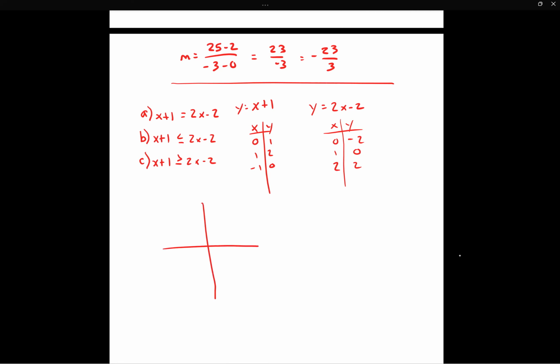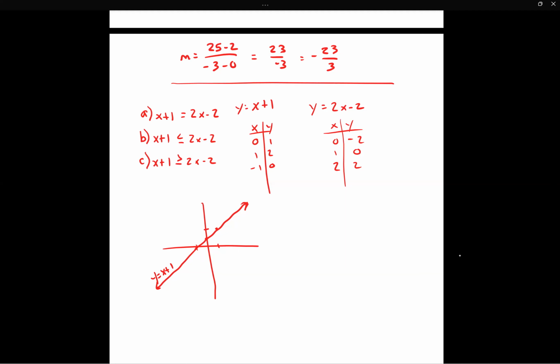0, 1; 1, 2; -1, 0. So this is y equals x plus 1. Let's look at y equals 2x minus 2.